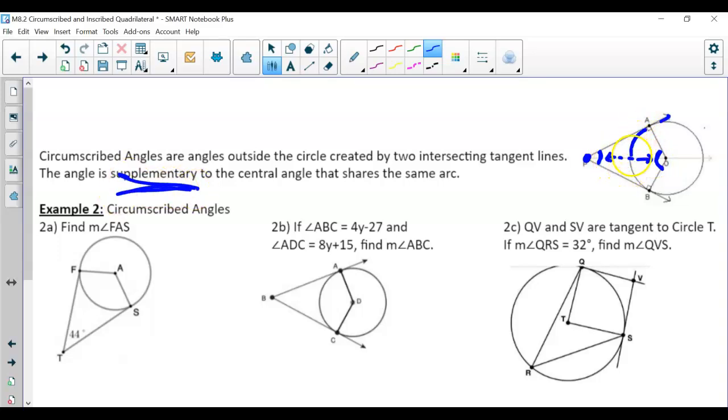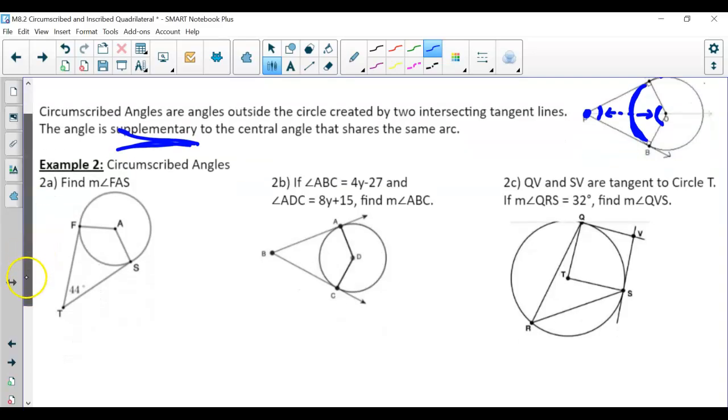So again, they share the same arc. They have the same intercepted arc, the central angle and our angle outside. So this circumscribed angle created by our two tangents and the central angle add up to 180, sharing the same arc.